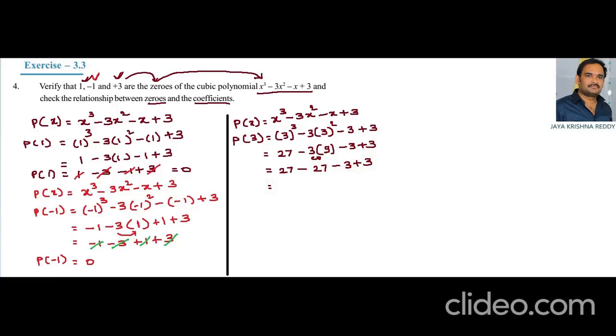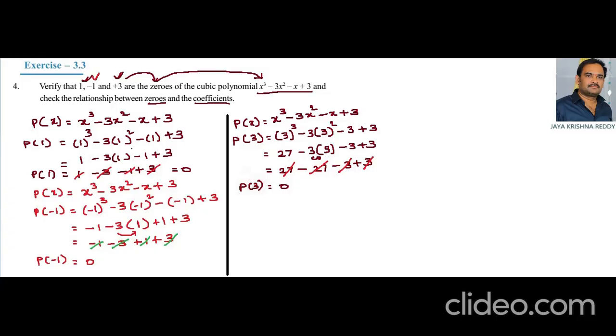So here plus 3 and minus 3 will become 0. We can cancel both, and 27 minus 27 is nothing but 0. So p of 3 value is nothing but 0.